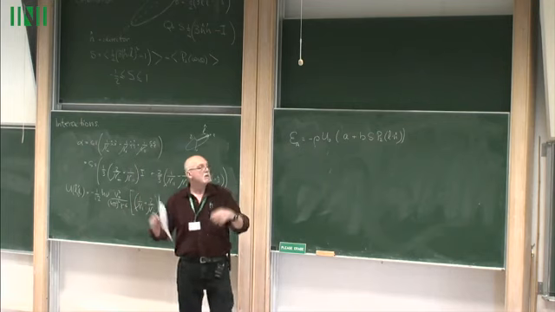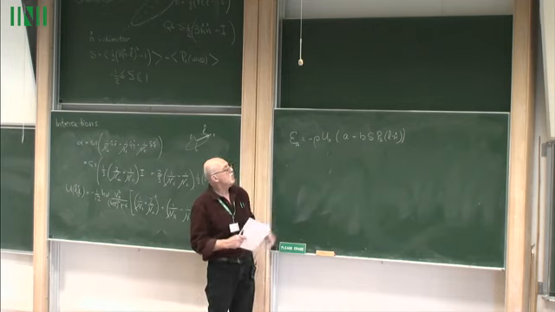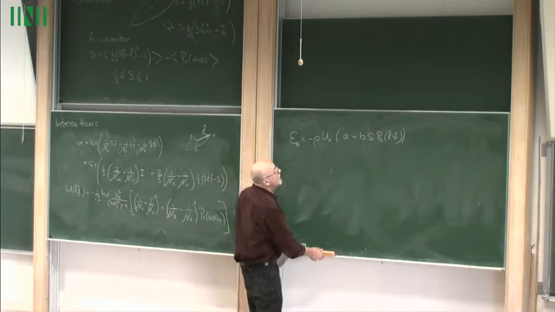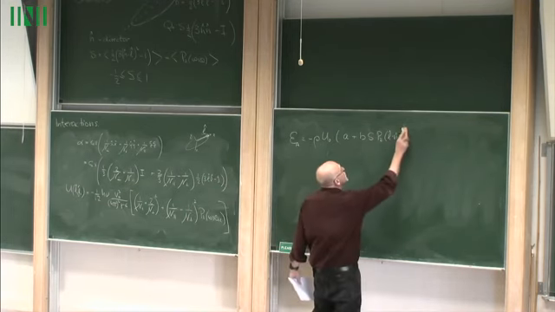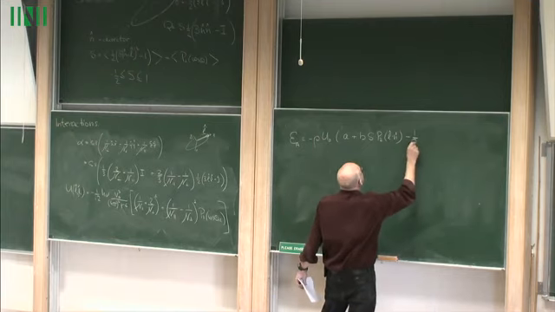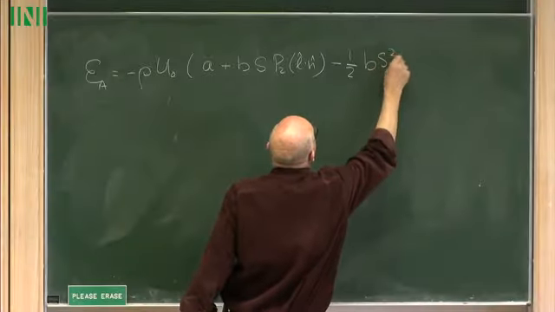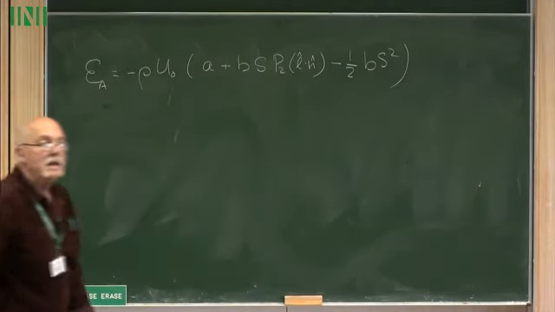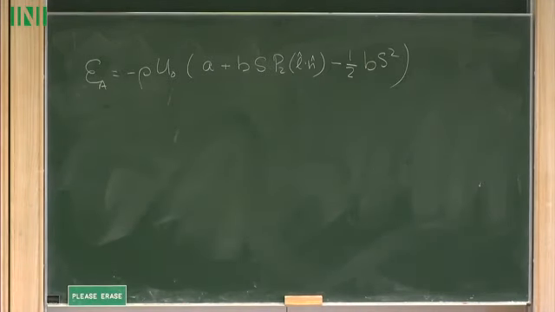But I can't assign all of that to one molecule. So the way to get around this is to subtract from this half of its average. Okay, and then we get the right forces and torques, and we also get the right average energy.